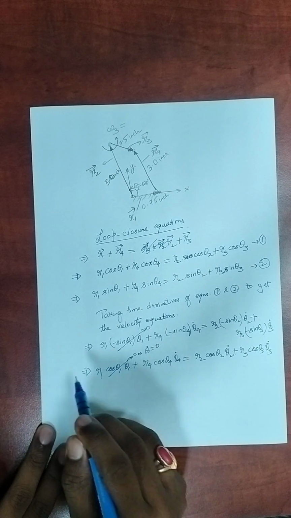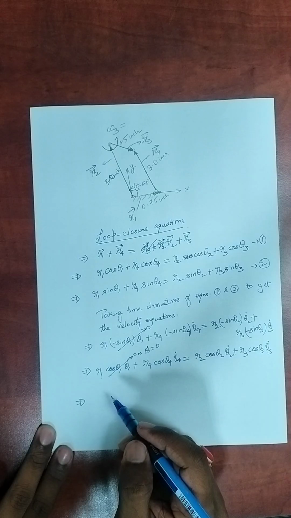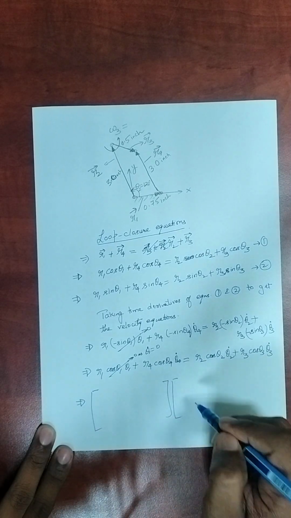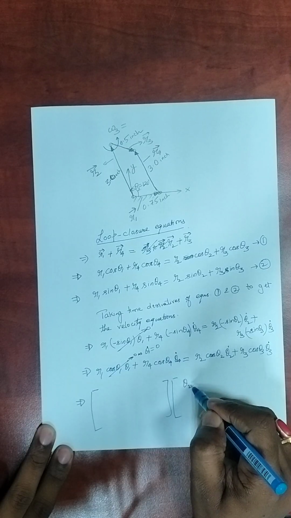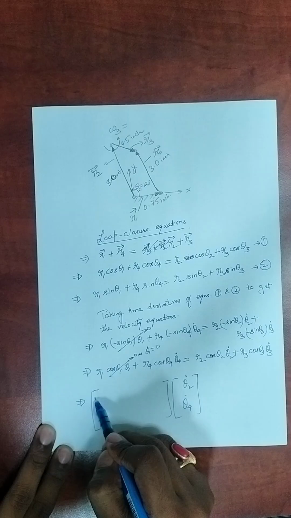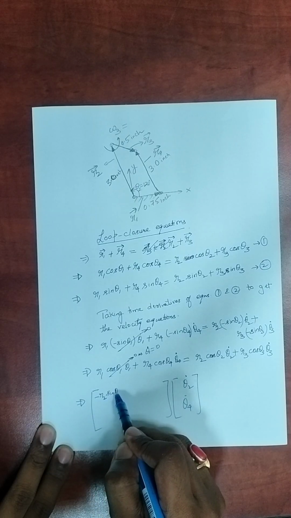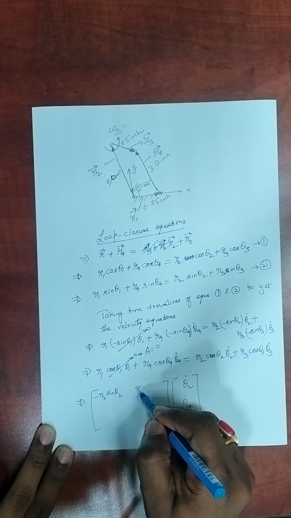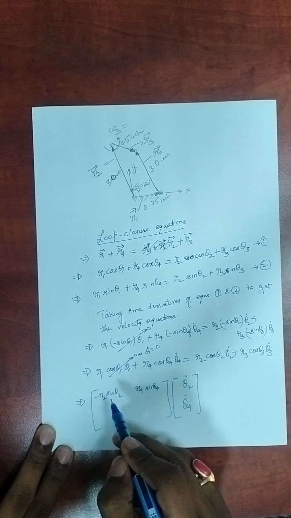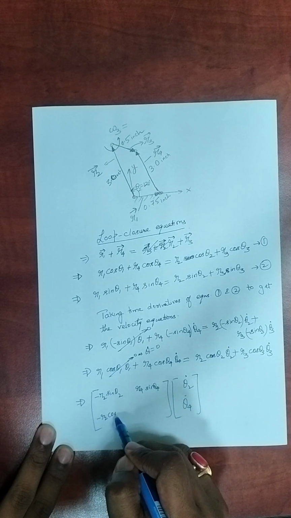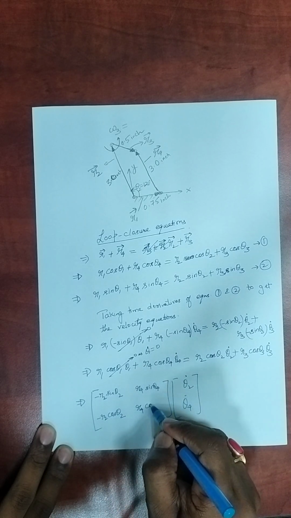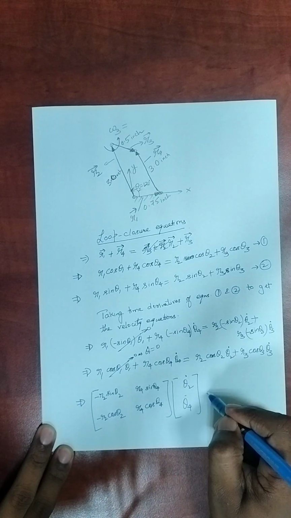From these two equations, I can get the velocity mappings in matrix form. In this matrix, it will be minus r2 sine theta 2, r4 sine theta 4, minus r2 cos theta 2, and r4 cos theta 4.